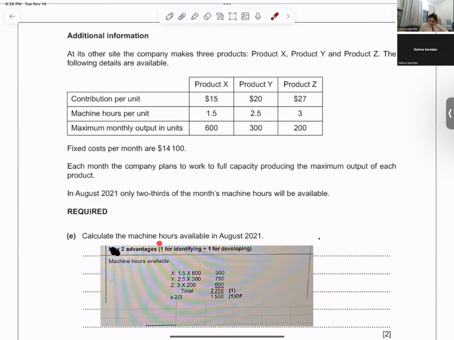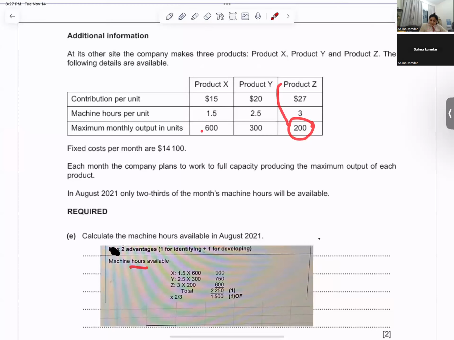What do they want us to know? The machine hours available in August 21. In August 21, I can make maximum 600 units of product X. I can make 300 units of product Y, and I can make 200 units of product Z. I want to know the machine hours available.